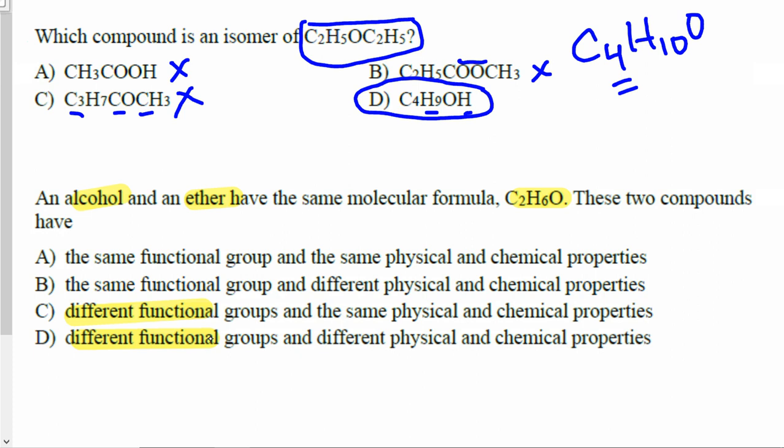Meaning, if you have different functional groups, the physical and chemical properties must be different. And therefore, option D is our best possible answer. So two functional groups can have the same molecular and empirical formula, but they can still be isomers of each other.